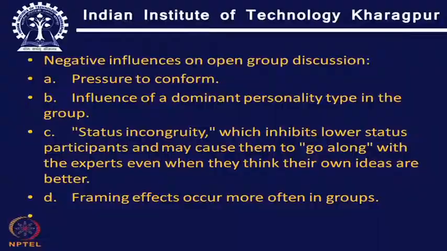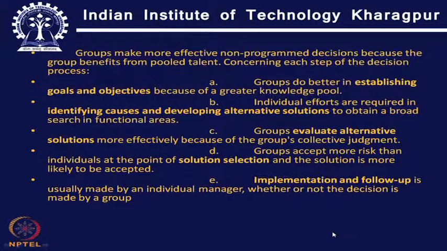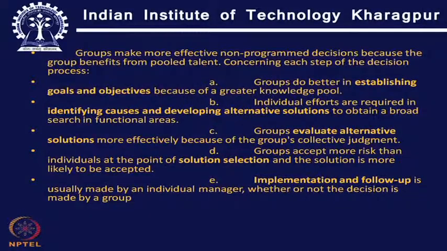Next, we will try to see some of the techniques which are there when you are talking of decision making in groups, like brainstorming, nominal group technique, electronic mail, and Delphi technique. Before that, we will just have a look into the decision process in a group.